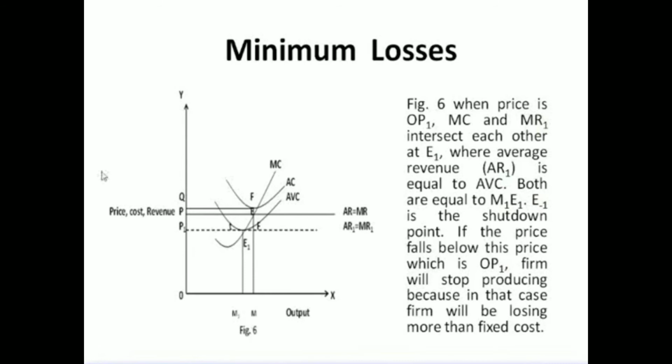At the equilibrium point E, the output produced is OM. So please look at the average cost corresponding to OM level of output. MF is the average cost per unit at OM level of output, and ME is the average revenue or price.